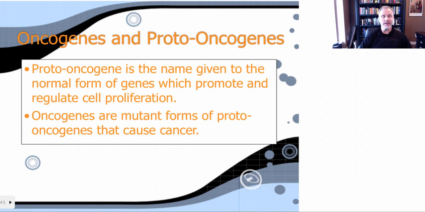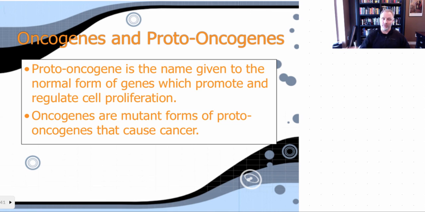Now with oncogenes and proto-oncogenes, proto-oncogenes are the name given to the normal form of the gene. This is a normal gene that, if it becomes damaged, is going to give rise to tumors. In other words, these proto-oncogenes are normal genes that promote, regulate, and look over normal growth, development, cell proliferation, etc. And when a proto-oncogene becomes mutated, it forms an oncogene.